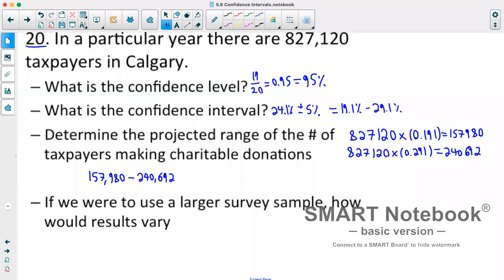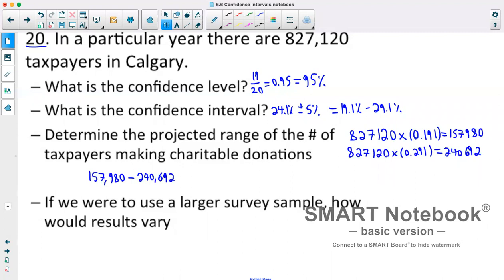Now we have this last question on here. If we were to use a larger survey sample, how would the results vary? So the more people that we survey, the more accurate our results are.